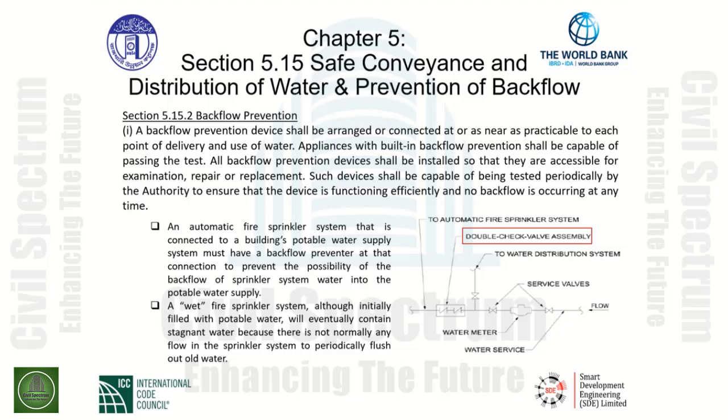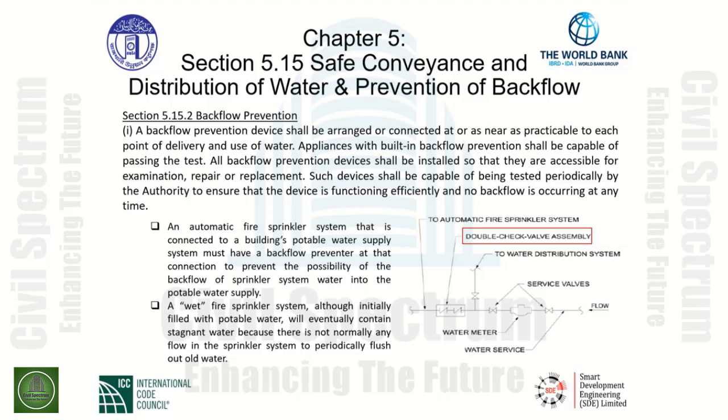As an example, an automatic fire sprinkler system that is connected to a building's potable water supply system must have a backflow preventer at that connection to prevent the possibility of the backflow of sprinkler system water into the potable water supply.